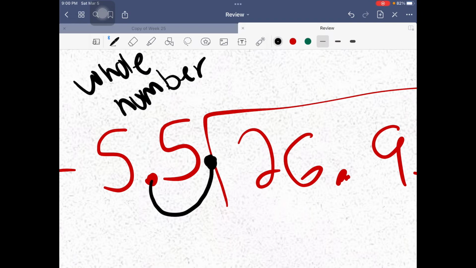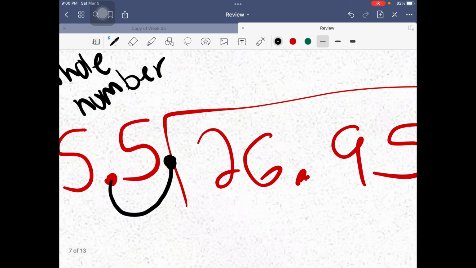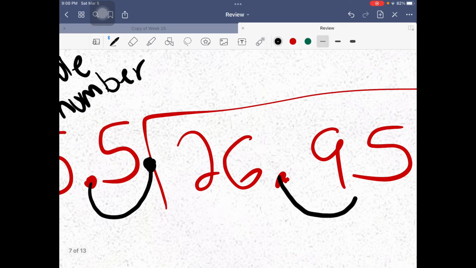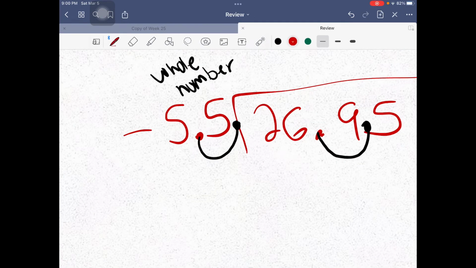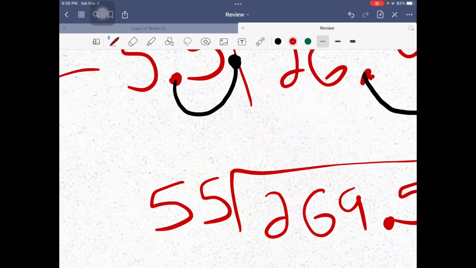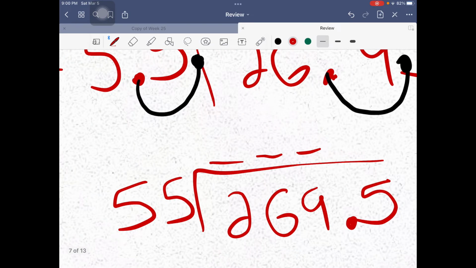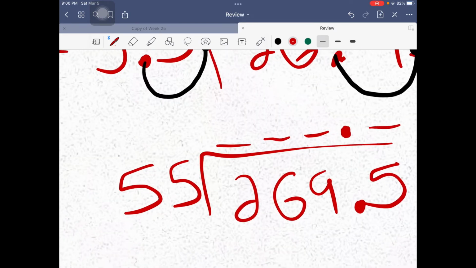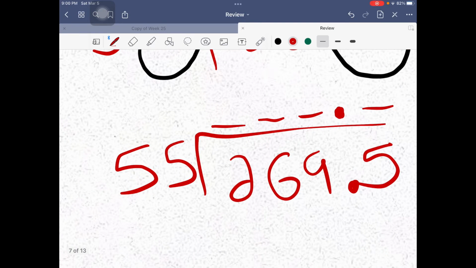Until it's at a whole number, you're not going to stop jumping. So there's going to be just one jump. So this one's going to jump as well. So my new division is 269.5 divided by 55.